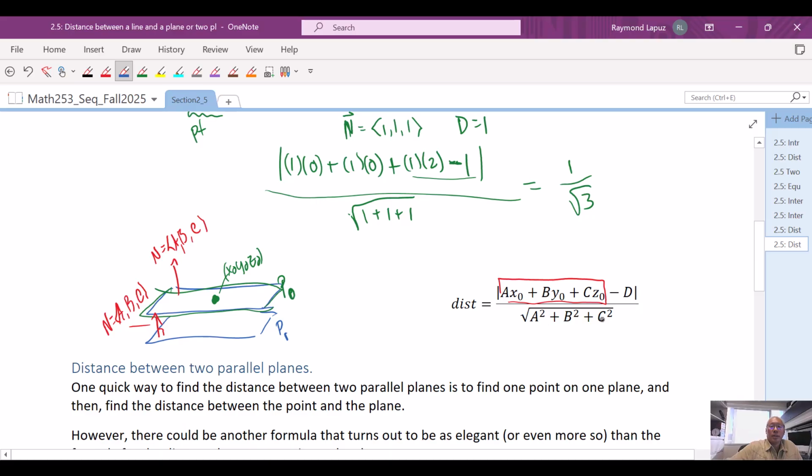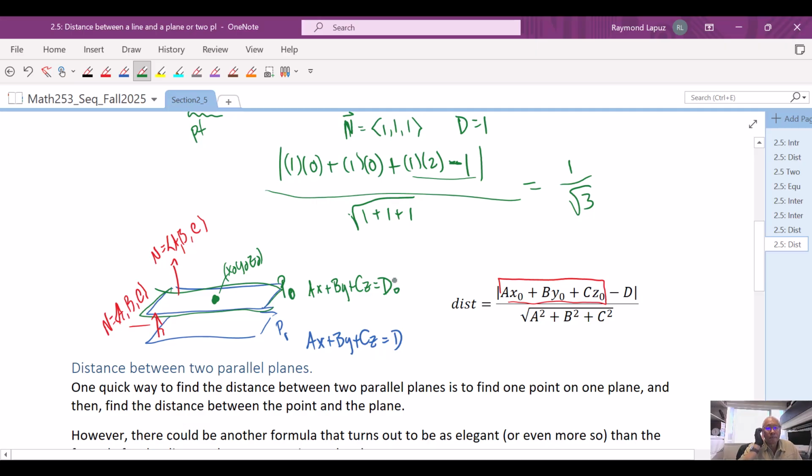So P1 will have ax plus by plus cz equals d. Now P naught will have ax plus by plus cz equal to another d. So let's call this d naught.